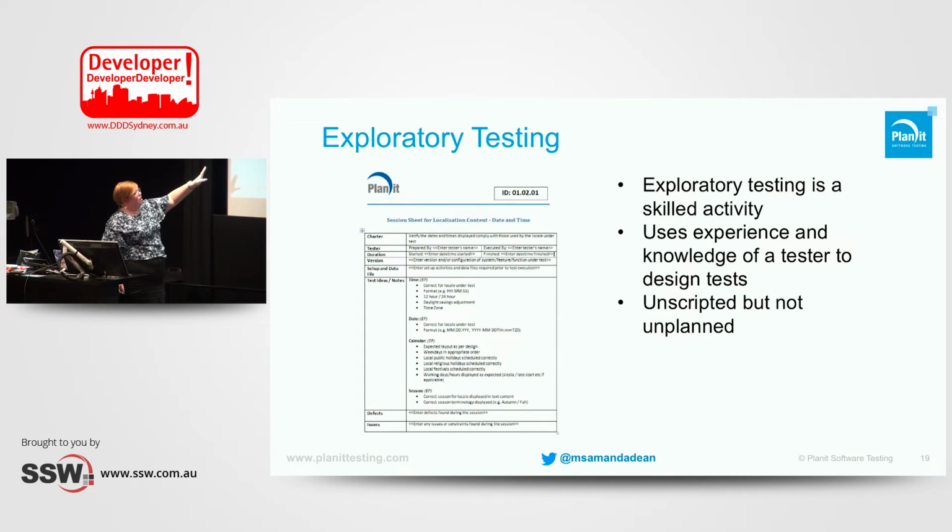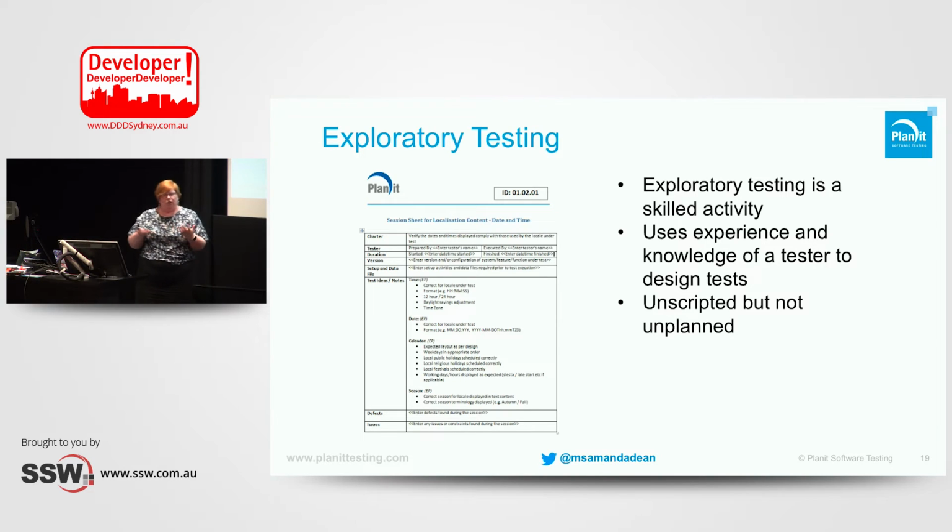Now, this thing we've got on the left side of the screen is a test session sheet. And so what we do with this is we sit down and we go, well, this one that's displayed is for localization, but take a login page, for example. We will sit down and go, right, it's a login page. We know there's a username field, a password, login button, and a forgot password button.